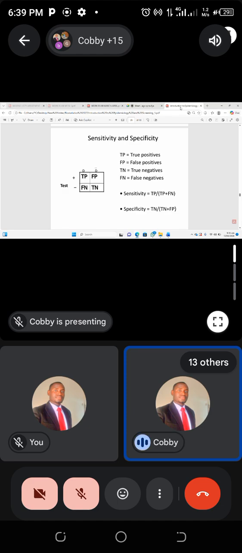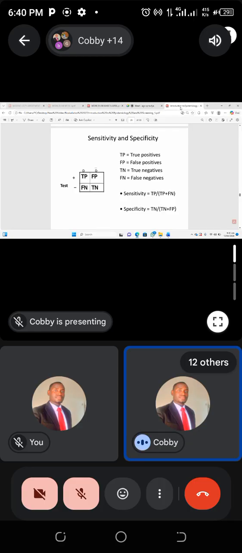So remember, we started by looking at screening. So when we are screening, we are using a test that will help us to identify those people that are at the likelihood of having the disease or not having the disease.